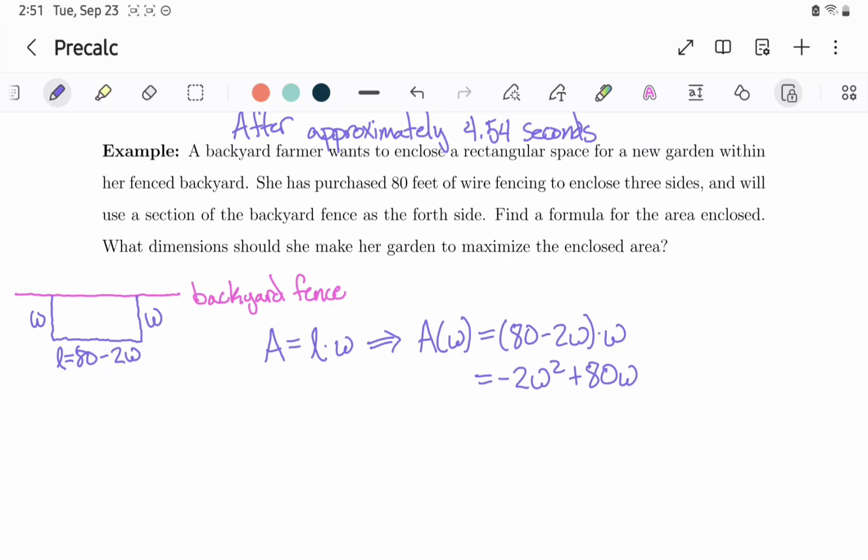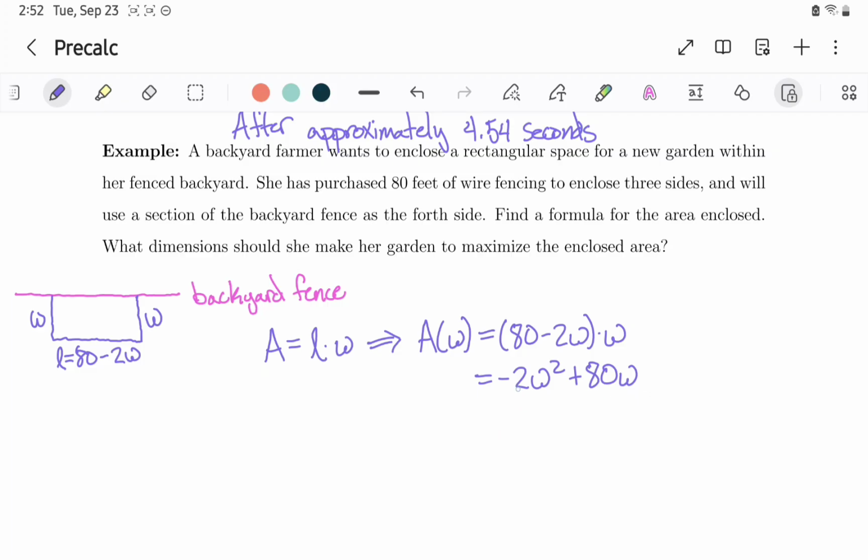And so this means that to find what dimensions she should make her garden to maximize the enclosed area, we can find the value of W that will maximize the enclosed area by just determining the vertex for this quadratic expression, because that is going to give us the highest point on the graph of this parabola, minus 2W squared plus 80W.